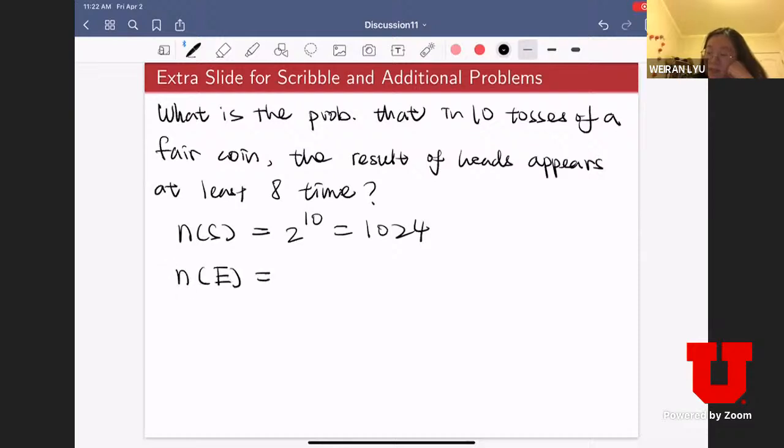And let's look at N of E. How would you determine this part? In the question it says appears at least 8 times, so we want the event where at least 8 heads have appeared. How would you count for that part?